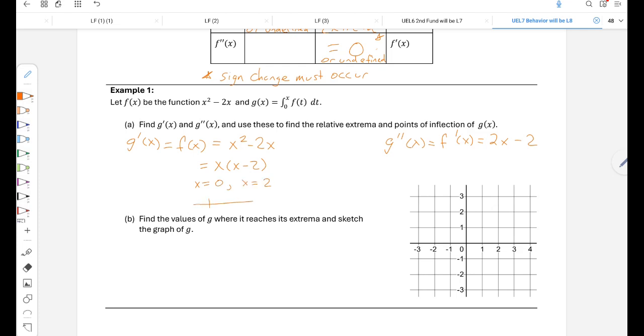With the sign chart, all the regular stuff, we haven't done one in a while, but x is negative before it hits that 0 and positive after. x minus 2 is negative before it hits the 2 and positive after, giving us our standard sign chart of plus, minus, plus.